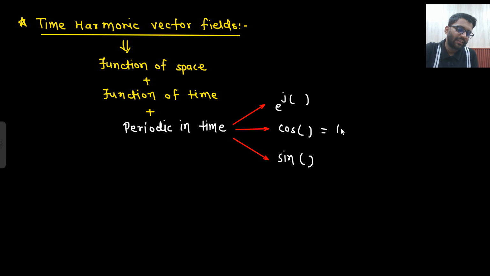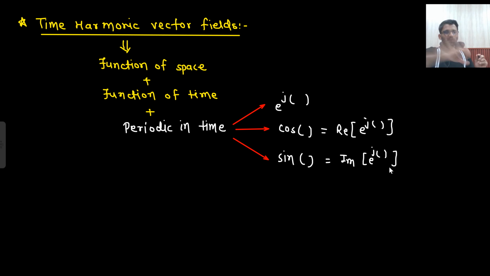And can I call it the real part of e to the power j some angle, or the imaginary part of e to the power j some angle? So from now onwards, if I say it is a time harmonic vector field, that means it will be a function of space, it will be a function of time, and it will be represented in terms of either sine or cos or e to the power j something.